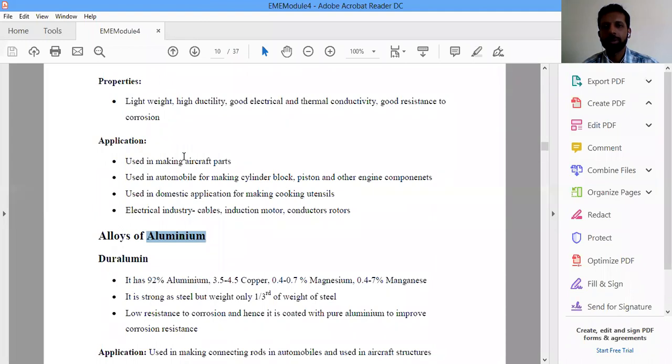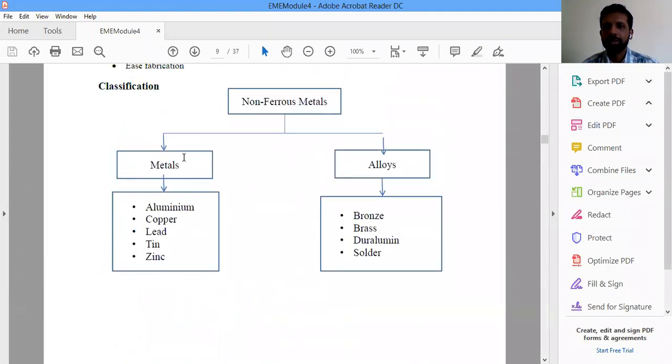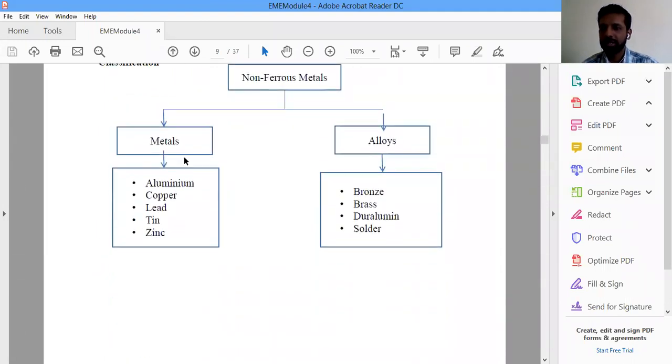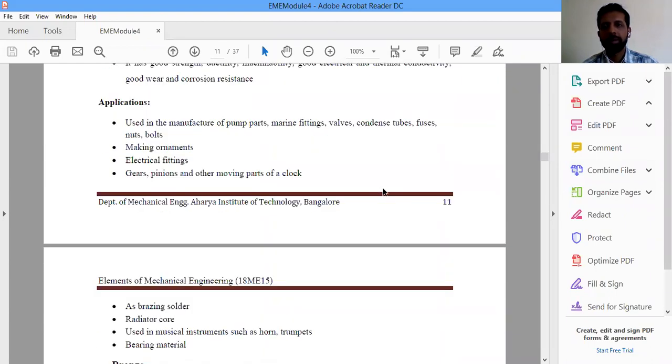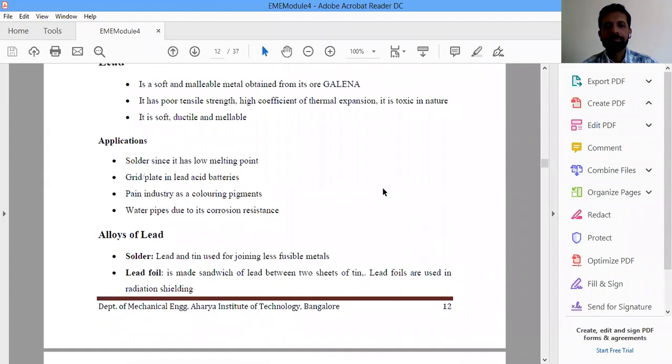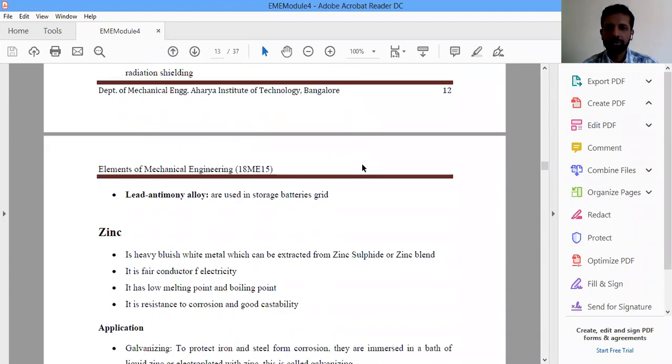Similarly, in steel we have stainless steel 314, 314L, 410 and many other series also. Similarly, it is the case with copper and lead also. So this is all about the non-ferrous metals and alloys.